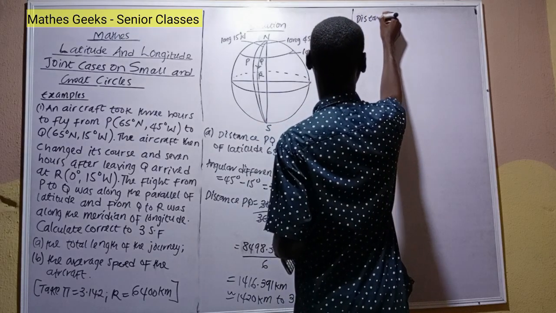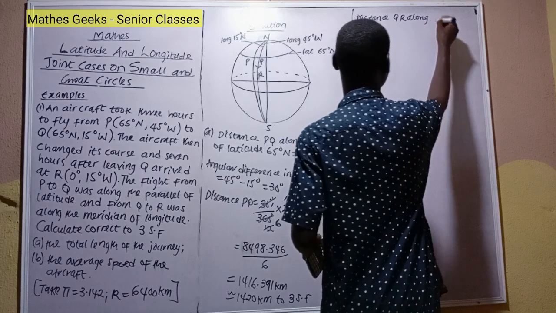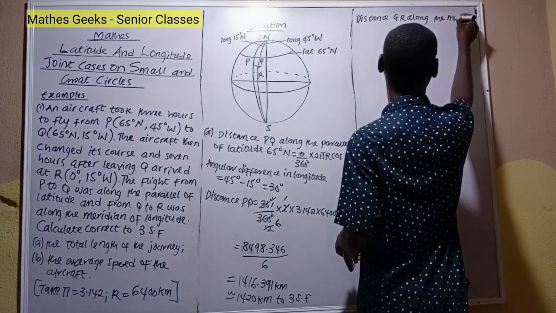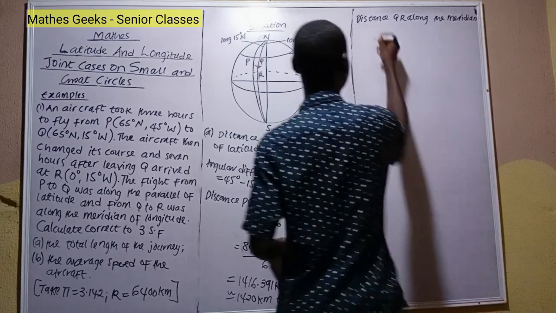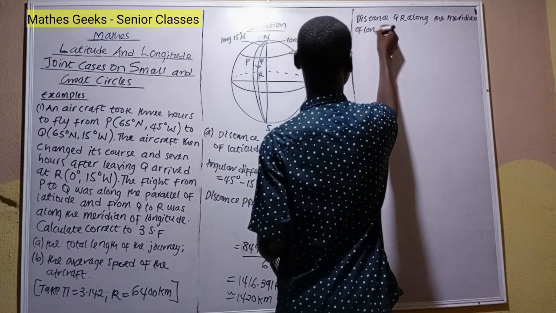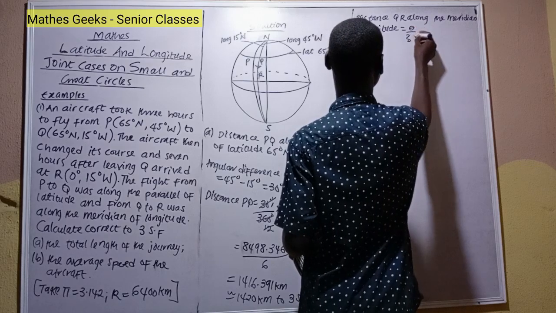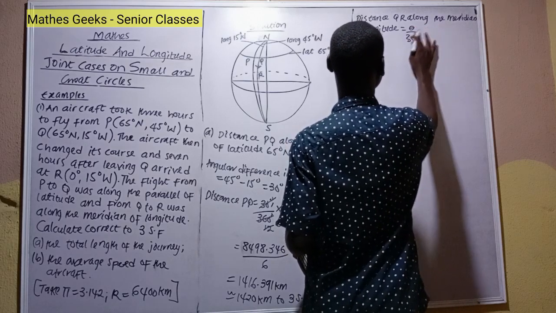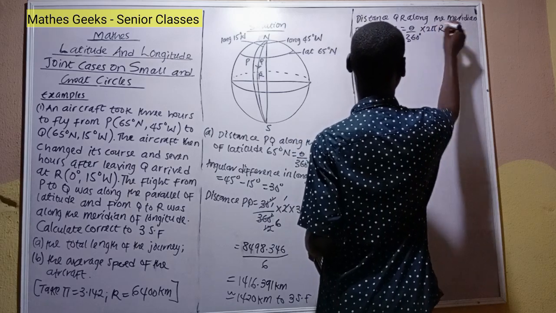Distance QR along the meridian of longitude is equal to theta over 360 degrees times 2 pi r.